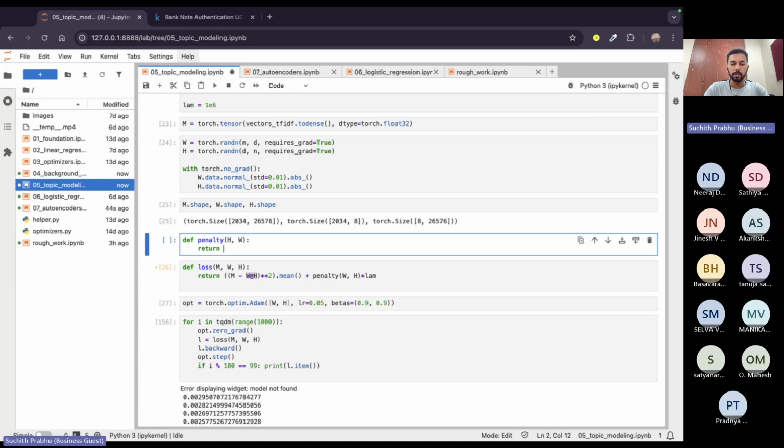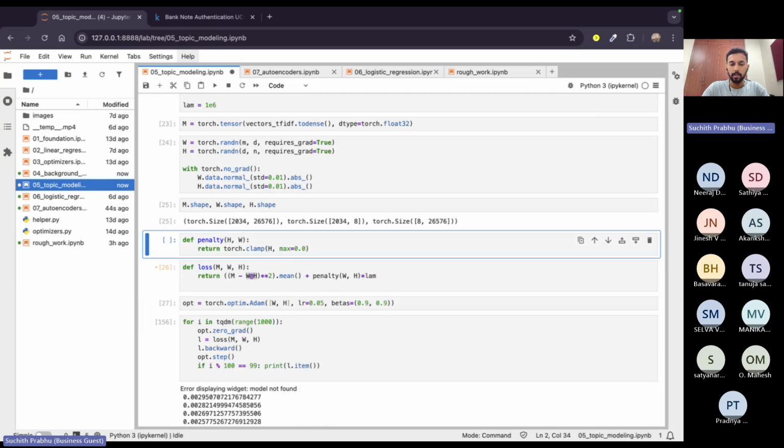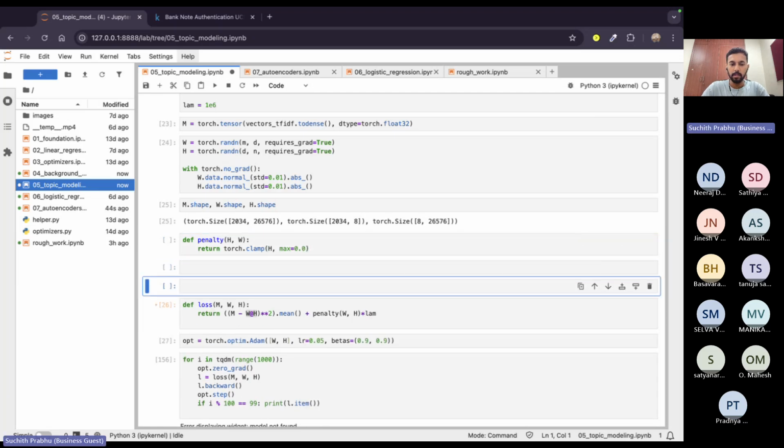So what I could do is, suppose there is a negative entry. I'll find out what entries are negative in H. So this will return all the negative entries which are present. Let us take an example and see.